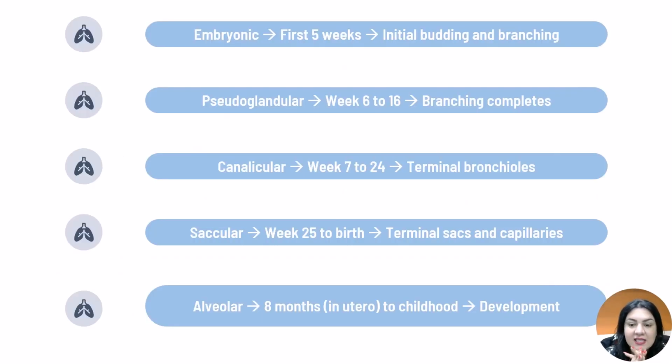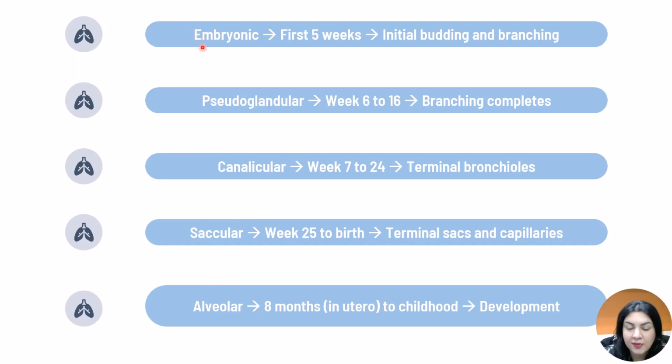Okay, to simplify the entire journey through the development of the respiratory system, we can divide it into 5 distinct stages. So you have the embryonic stage, the pseudoglandular stage, the canalicular stage, the saccular stage, and the alveolar stage.